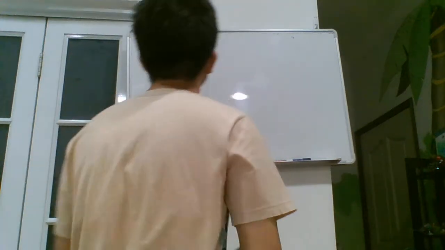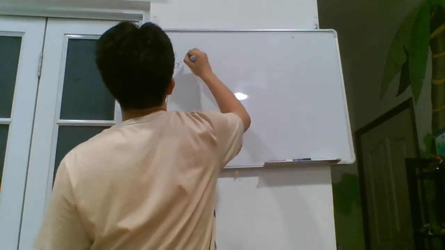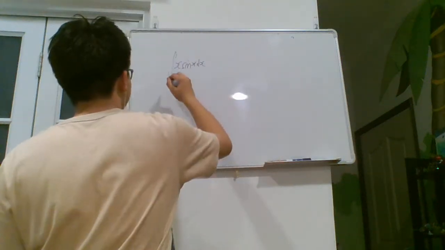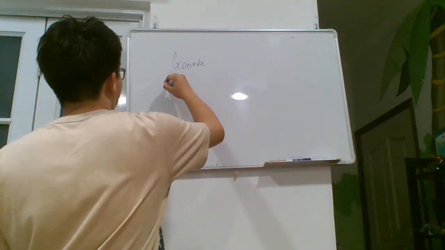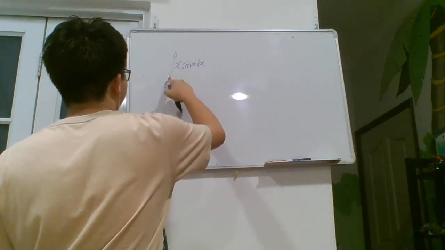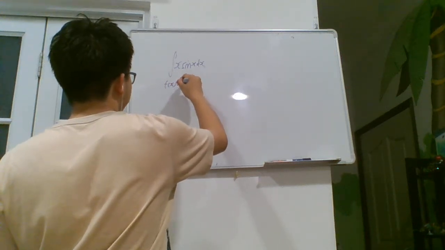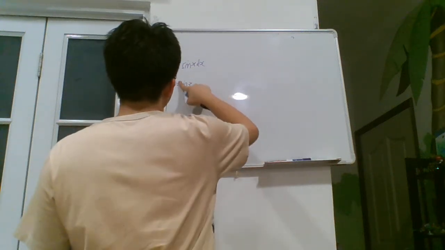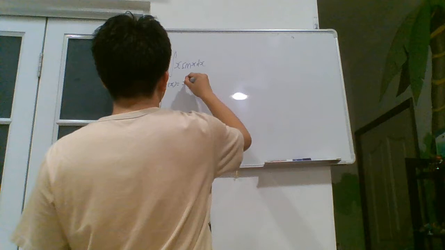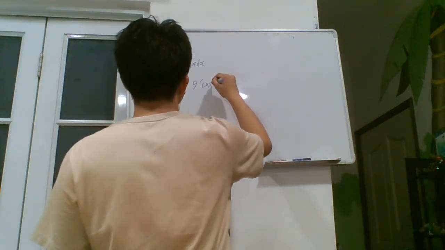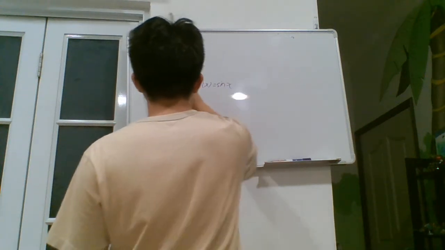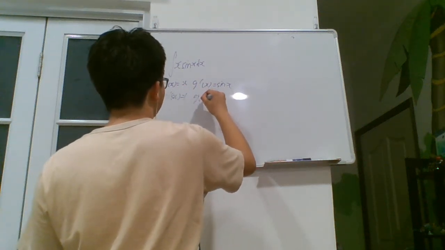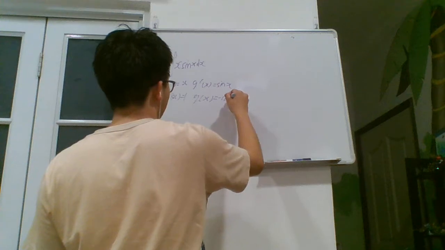Let's say I want to find the integral of x sine x. By integration by parts, I'll just use it now. Let h x equal x, g prime x equals sine x, h prime x equals 1, g x equals negative cosine x.